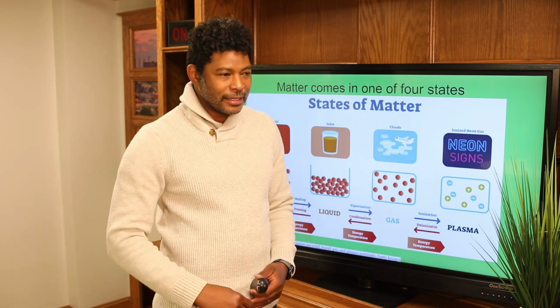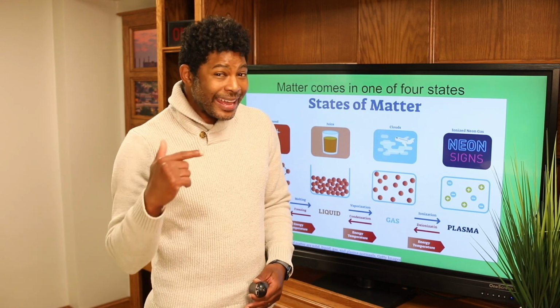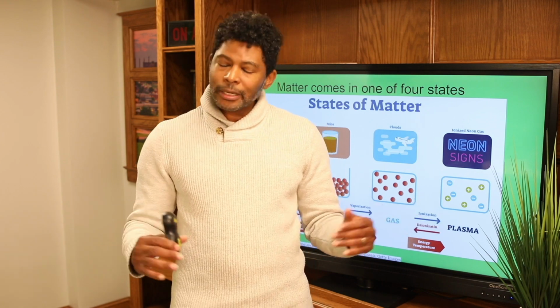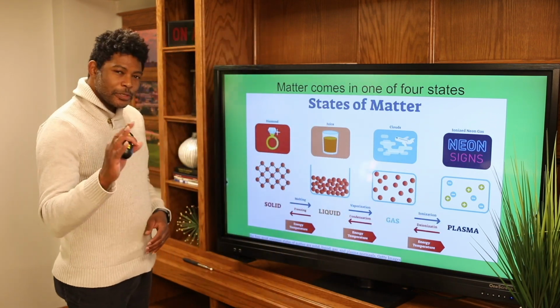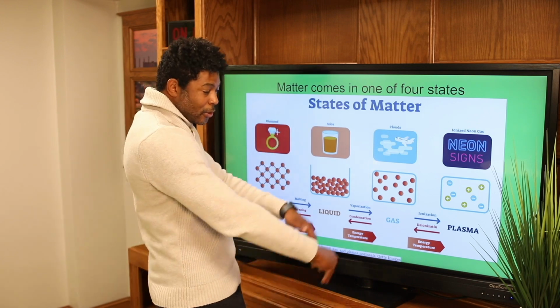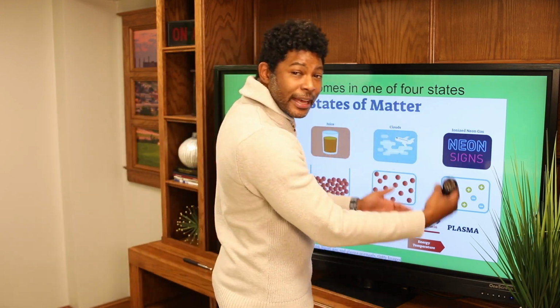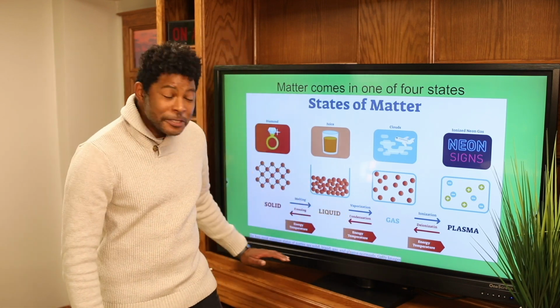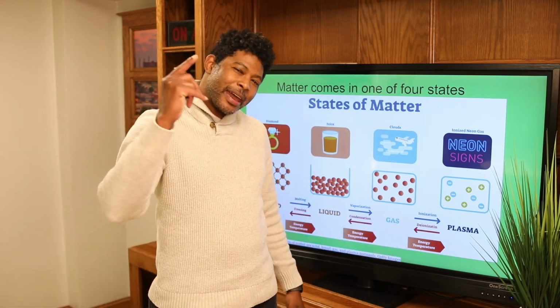But think about it like this. It's not quite a gas, but it's not quite a liquid. Okay? So, notice what you have here. You have solids, liquids, gas, plasma. What's the difference? The amount of energy. Energy is not matter, but energy matters.